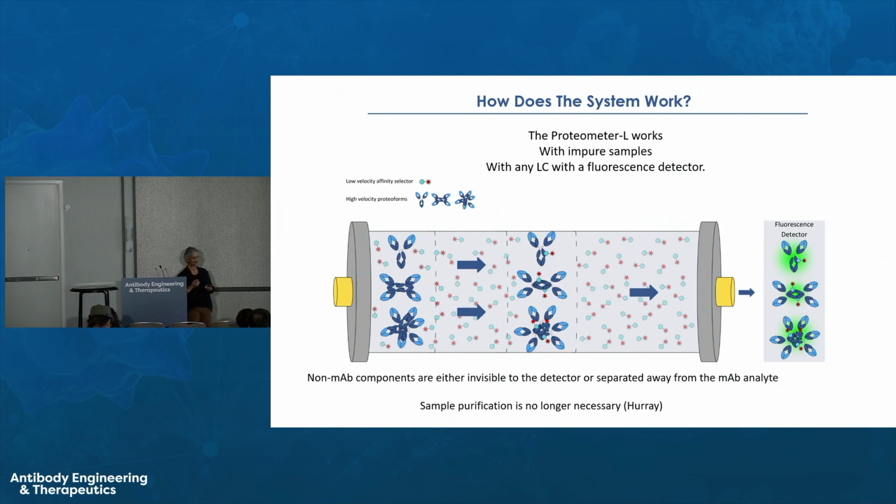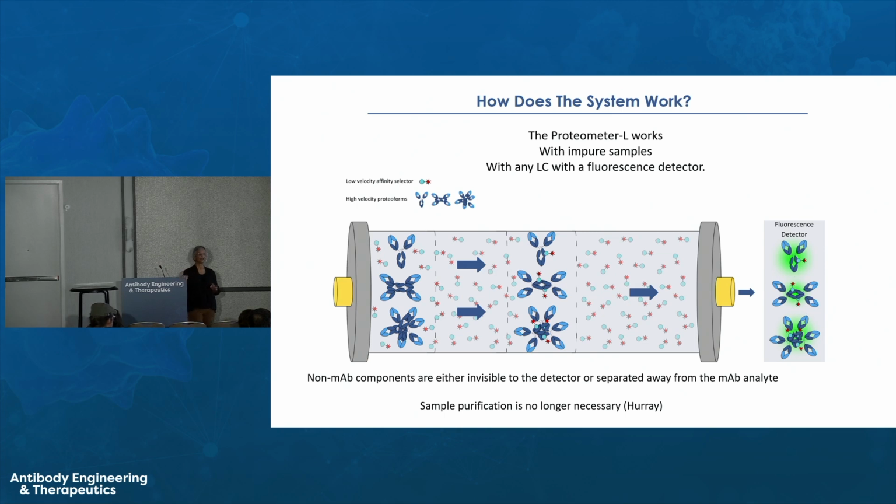This technology is Novilytic's patented MASC technology, and the way it works is illustrated over here. It differs from traditional chromatography in that there are three phases. Normally in chromatography, the analyte partitions between a stationary phase, which is the solid phase in the column, and the mobile phase.